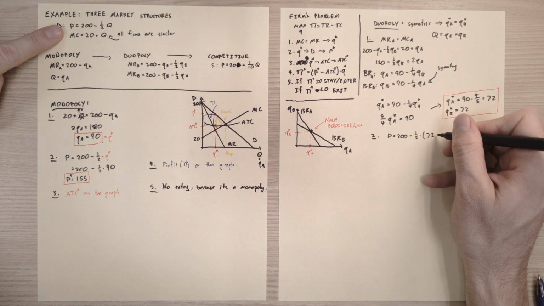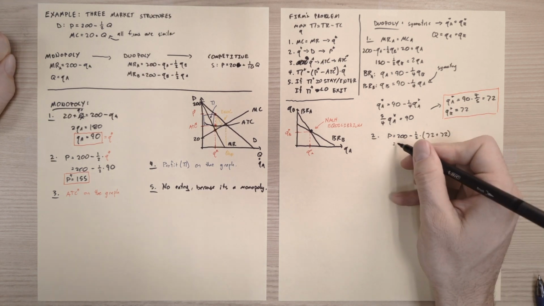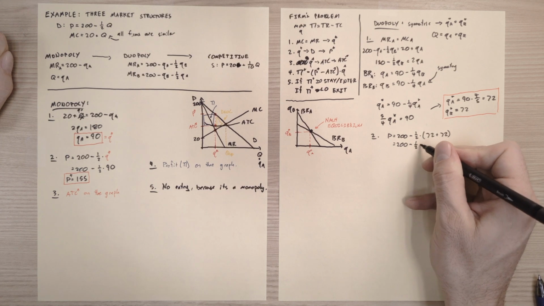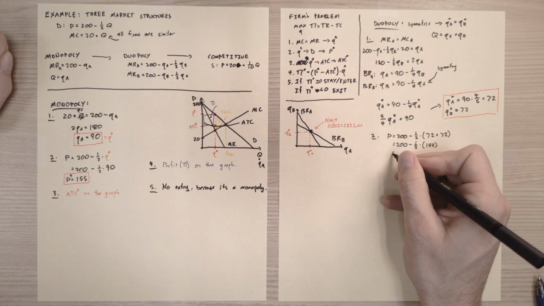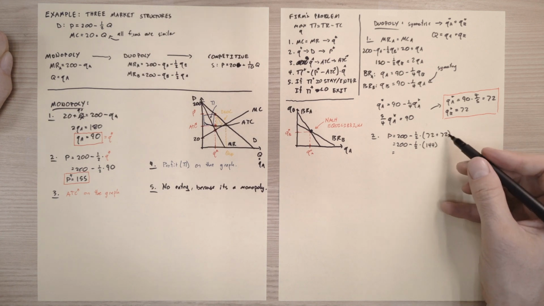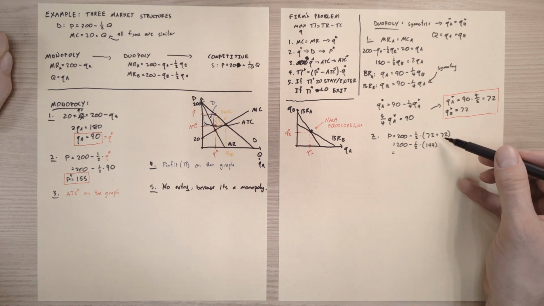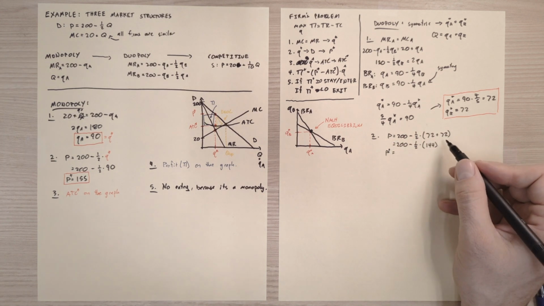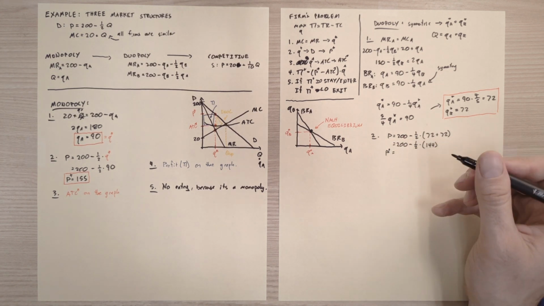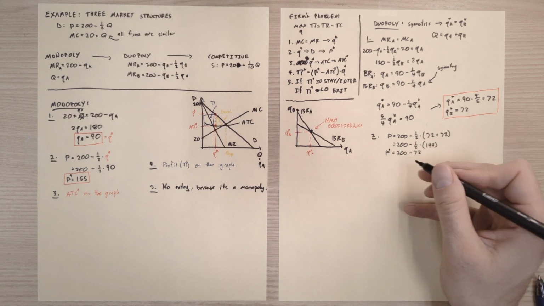So that's 72 plus 72. And I'm going to simplify this, 144. And this comes out to be, so it's 144 divided by 2, so that's 72. So we have P star, so 200 minus 72.